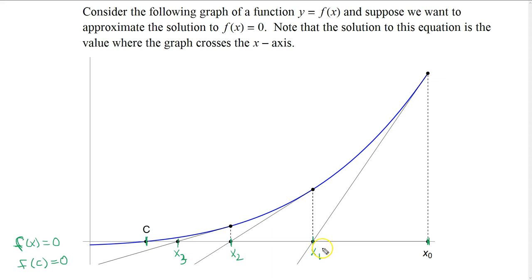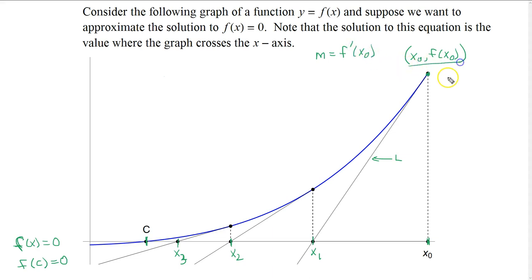Now, we have to come up with an algorithm to evaluate these numbers, x1, x2, and x3. Well, it's actually fairly easy. We need to find the equation, first of all, of that line L right there. Well, notice that the line L passes through this point, and that is the point x0, which we assume that we know, f of x0, that's that point right there, and the slope of this line is given by just the derivative of f at x0.